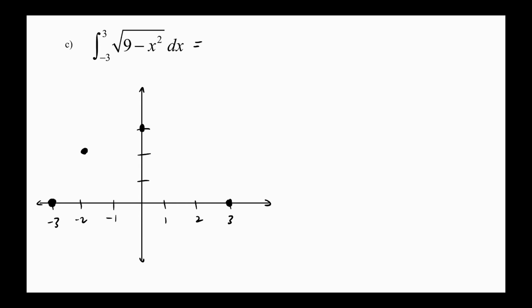So the square root of 8 is a little bit less than 3. So you kind of start seeing this shape formed like that. And then you start seeing this shape like this as well.